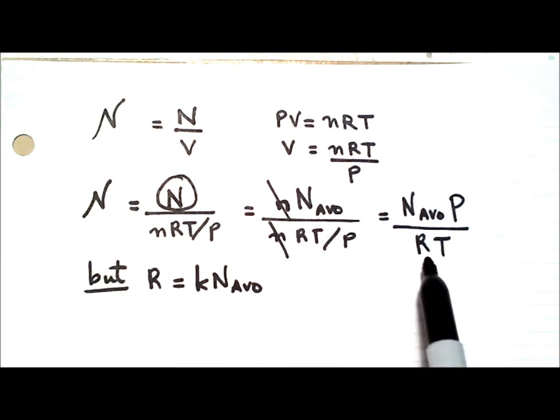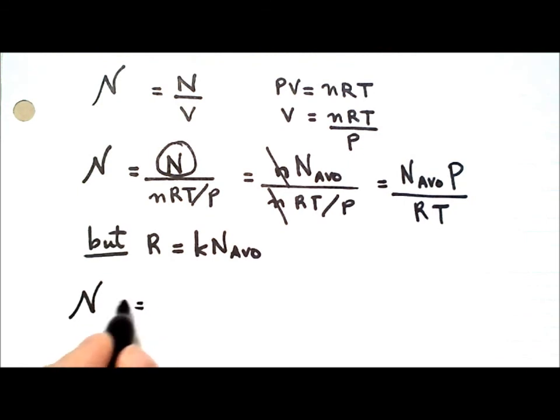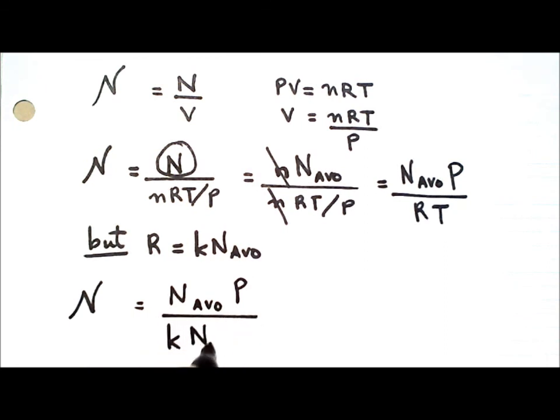So I want to replace this R with Avogadro's number times k, and that'll really help out. So now I've got N equal to Avogadro's number times pressure divided by Boltzmann constant times Avogadro's number times T. So now that cancels, and I see that this number density is simply equal to the pressure of the gas over Boltzmann's k times temperature. Love it.